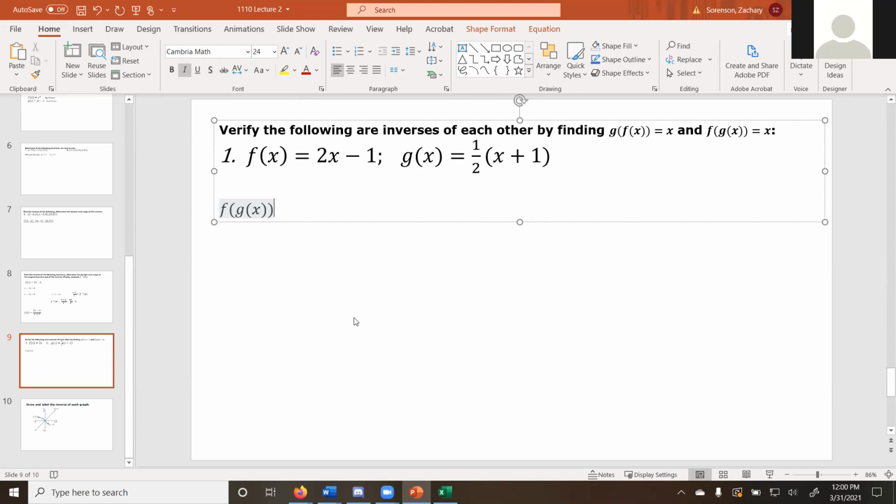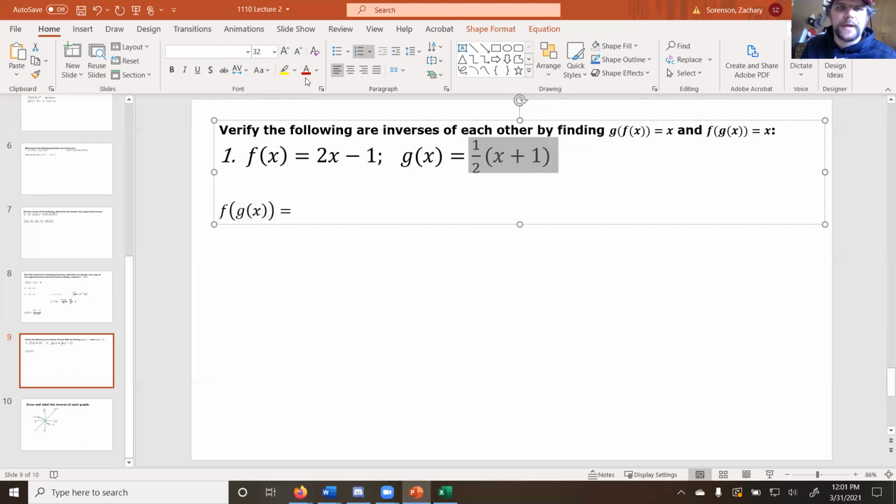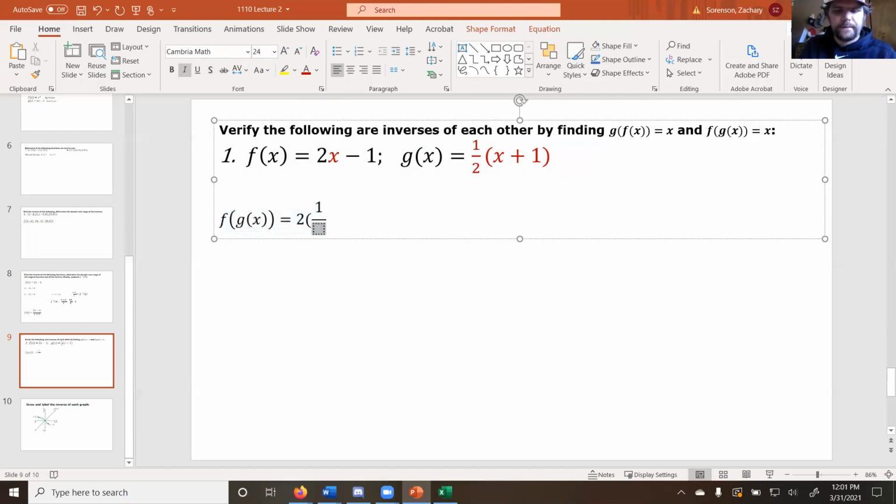You'd write it out as 2 times (1/2 x plus 1) close parentheses minus 1. Yep, so I'm going to take my g of x, which is this guy, and plug it in for my x here. So then I'll get 2 times (1/2 x plus 1) minus 1.